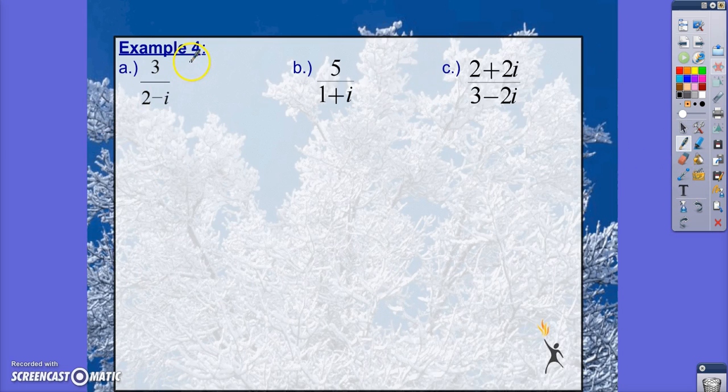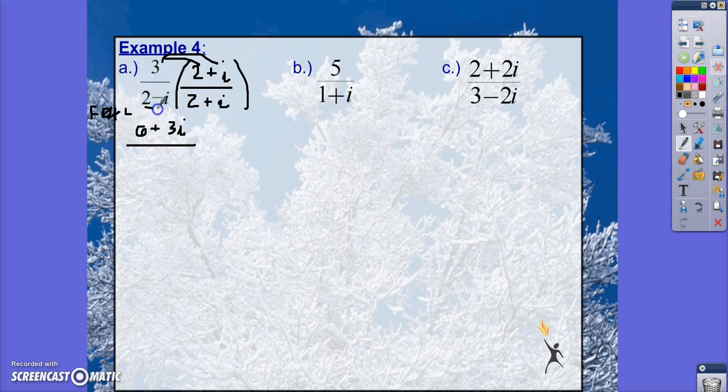Now let's see how that applies to us. All right, so we're going to multiply the top and bottom by what's in the denominator, changing the sign, with a plus sign. And how the square root ones worked, we're going to follow the same logic. We distribute the 3 to both. So we get 6 plus 3i. Now if you remember before, we do the first and last of FOIL. We don't need the outer and inner because it's a special pattern, it cancels out.